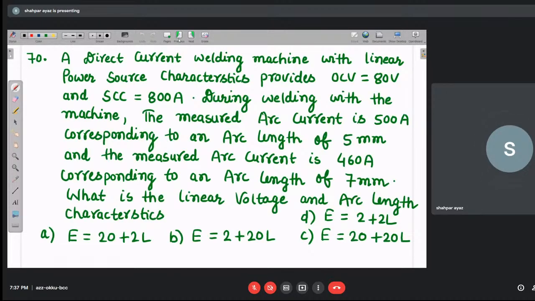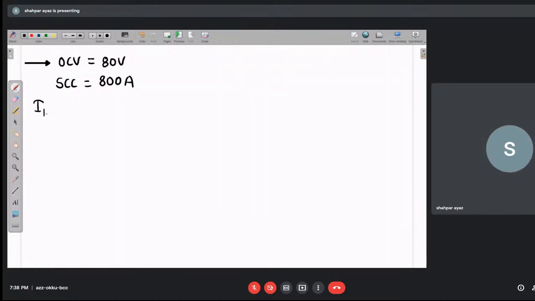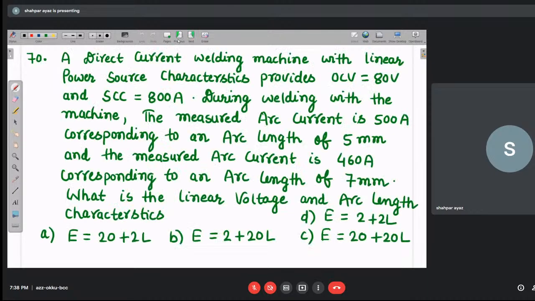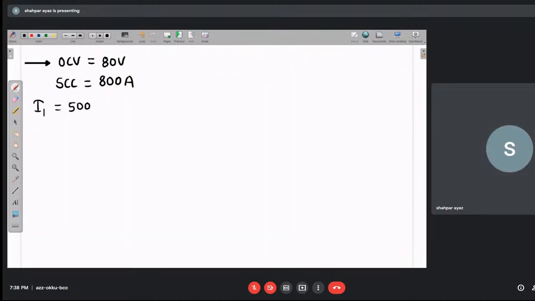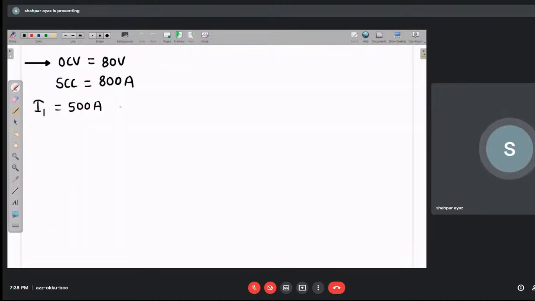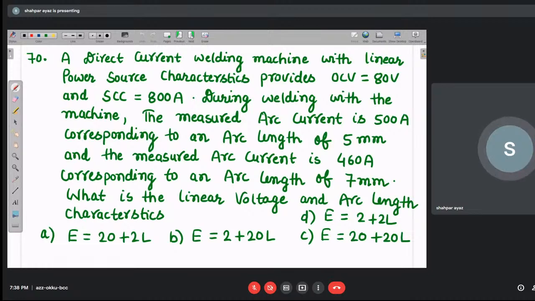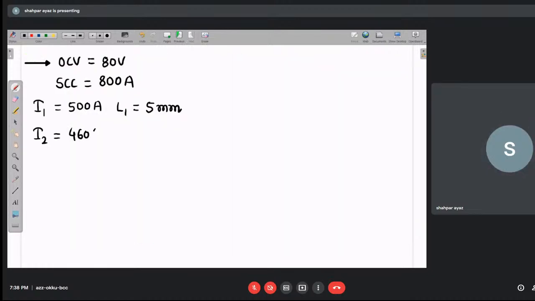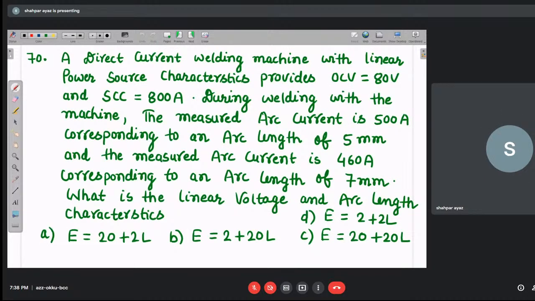Next part of discussion: during welding with the machine, the measured arc current I1 is 500 ampere, corresponding to arc length L1 of 5 mm. I2 is your 460 ampere, L2 is your 7 mm.